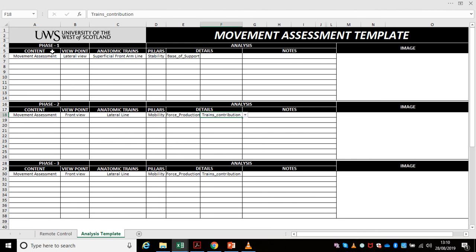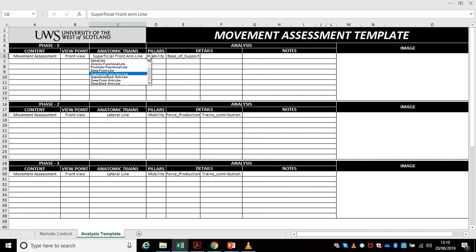So all these sections work as drop-down menus, so you can selectively pick up either postural analysis or movement analysis. Let's assume that our main aim is to analyze again the shuffle, the lateral shuffling, so the side steps we just watched in the video, and we want to analyze the movement from the front, because this is the only video available for the analysis.